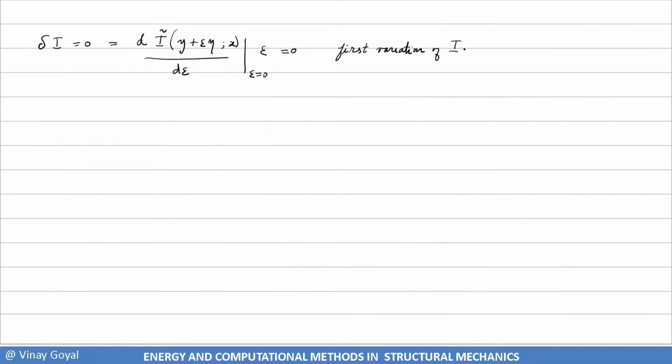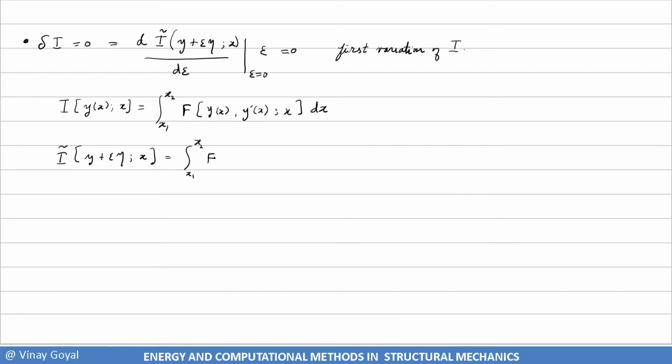So I already told you earlier that the function I depends on y of x, and that's the integral from x1 to x2 of f, which depends on y of x, y prime of x, and x, dx. And so what I want to do is figure out how to find that derivative. First, I have to construct I tilde. So I tilde then becomes y plus epsilon eta x.